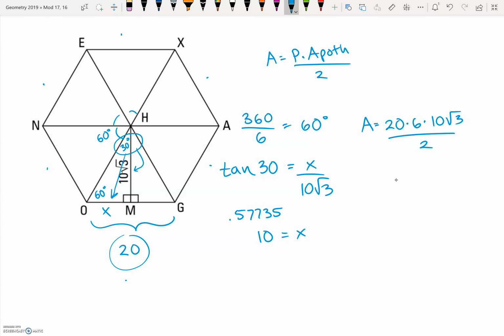So this is 10. 10 times 10 is 100, and 100 times 6 is 600. So 600 root 3 units squared. If you rounded this number here, you won't exactly get 10. So I'm not really that stressed about how off you are. It's not that big of a deal.